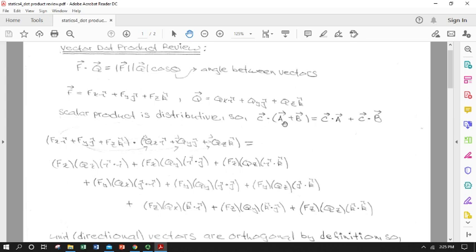And it's distributive. So if I have two vectors and I'm going to add them, get another vector, and then I'm going to dot that sum into another one, I can do that. Or I can distribute this C over the A and the B, and I can dot C into A. I can take the scalar product of C and A, which is going to give me a scalar, and then just add it to the product of C dot B. So I can do it in either order.